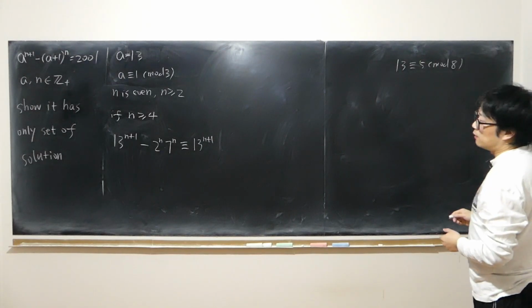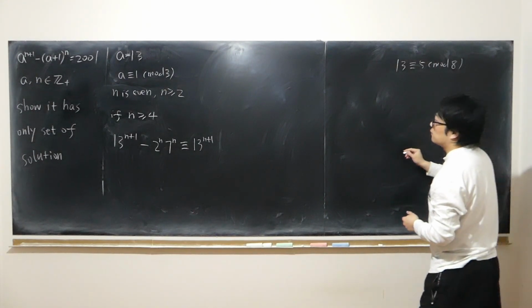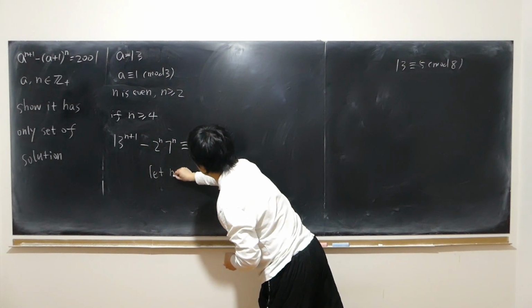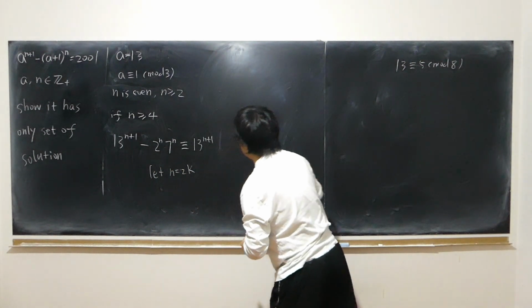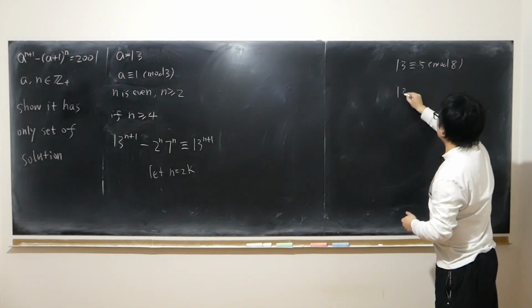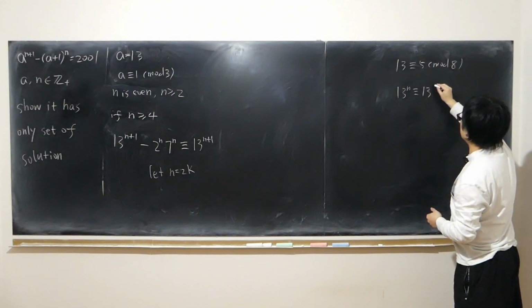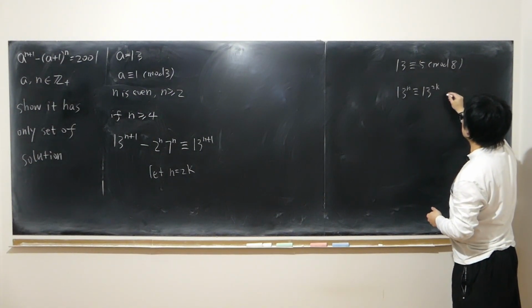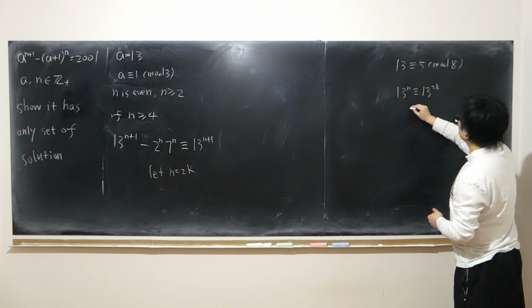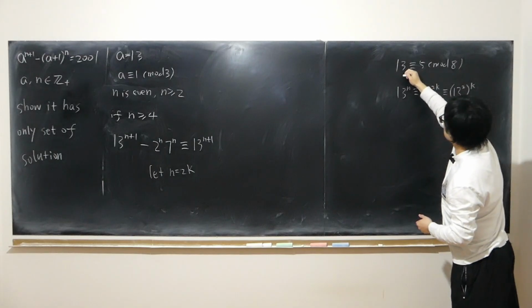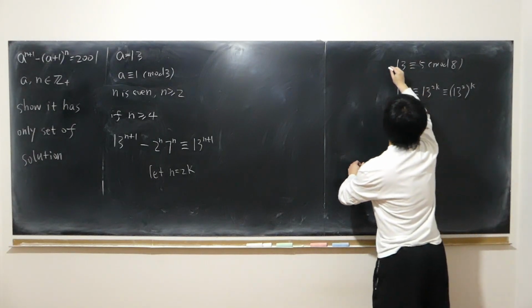Then, like I said, I let n equal 2k. So 13 to the power of n is 13 to the power of 2k, which is 13 squared to the power of k.